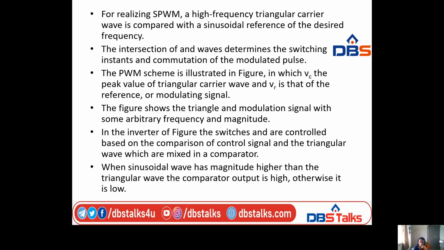In the inverter, switches are controlled based on the comparison of the control signal and the triangular wave in the comparator. Okay, so here whenever the sinusoidal wave magnitude is higher than the triangular wave, the output will be high, otherwise it will be low.